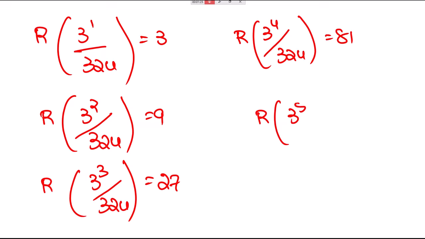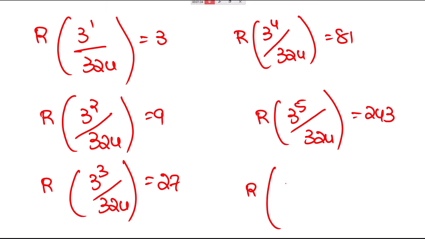Then 243 divided by 324, again numerator less than denominator. Now 243 into 3 we get 729 divided by 324.